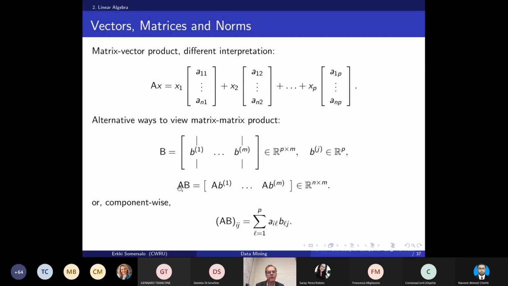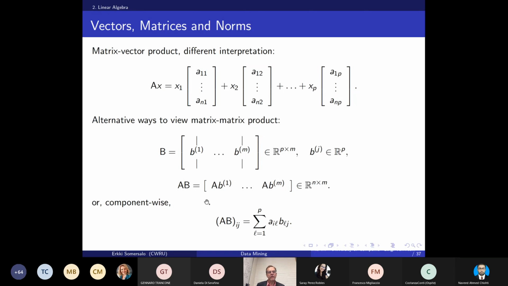If I have a matrix A of size n times p, then I can multiply each column of B by the matrix A, because we know how the matrix vector product works. And you get a new matrix whose columns are matrix vector products. Every column in this product AB is again a linear combination of the columns of A.